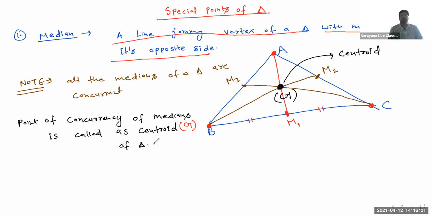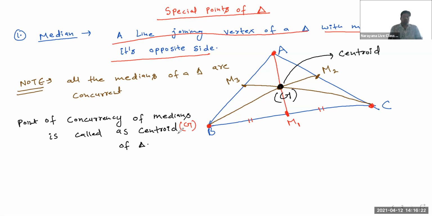This is the definition of centroid. To understand centroid, you should know what a median is. After that, you can understand that all the medians of a triangle are concurrent, and that point of concurrence is called the centroid.